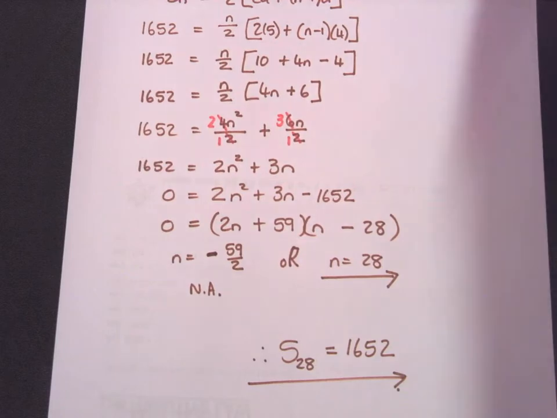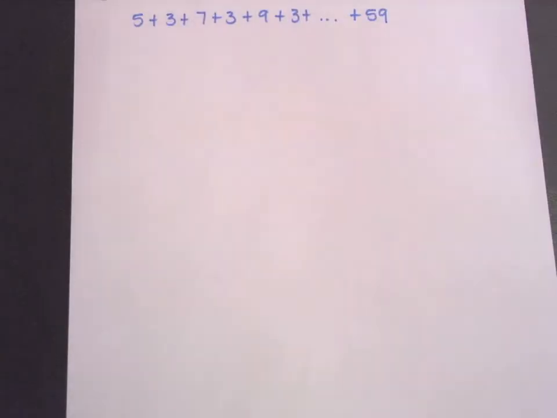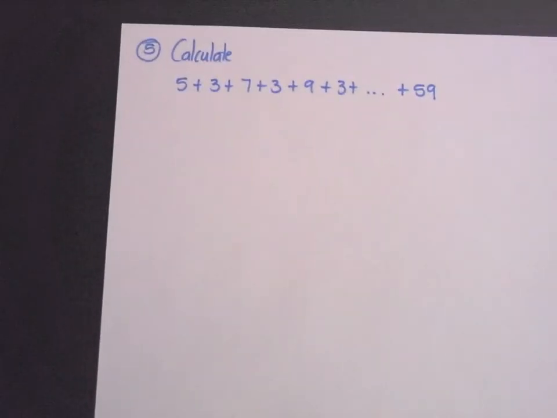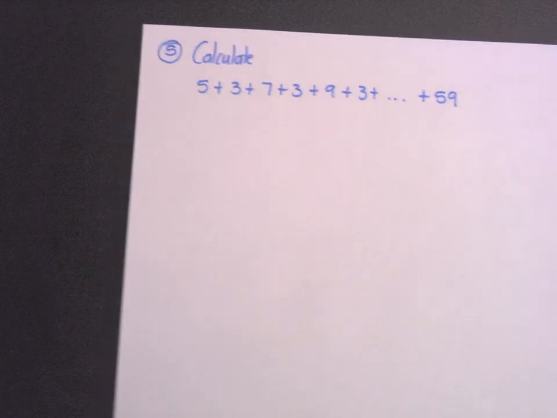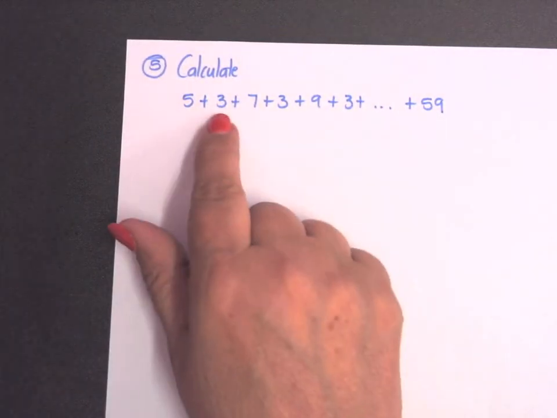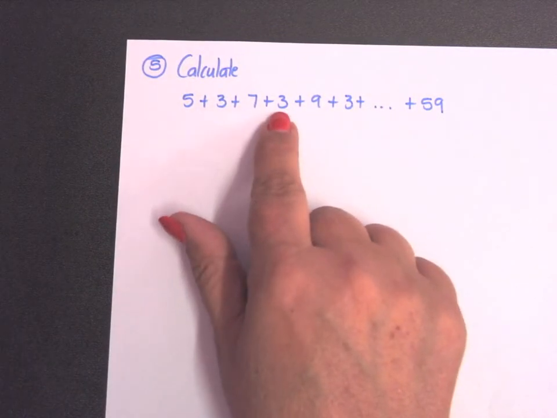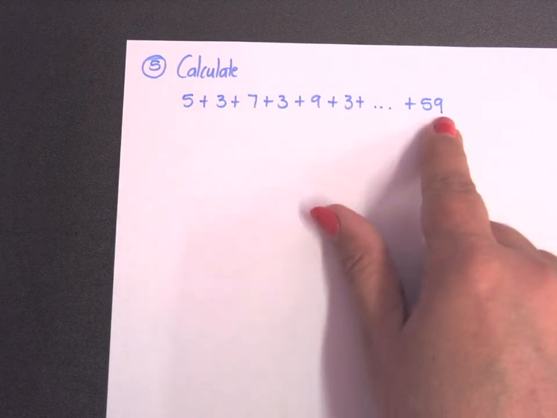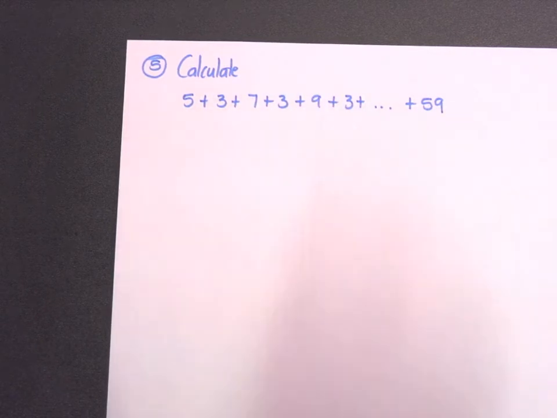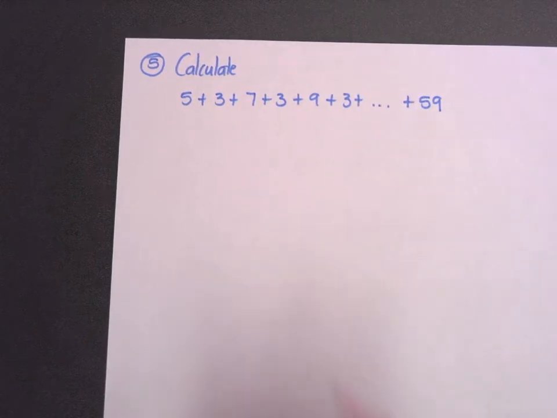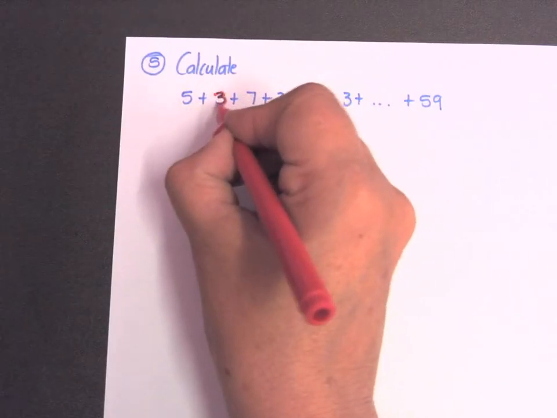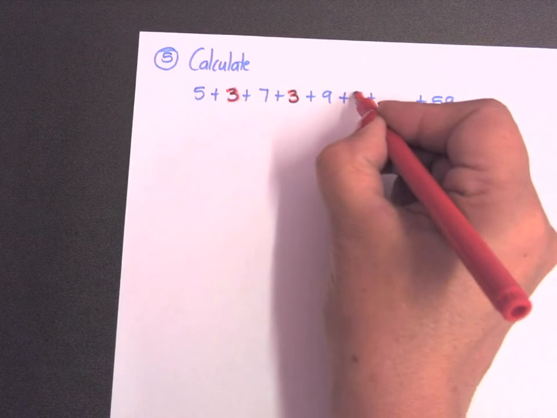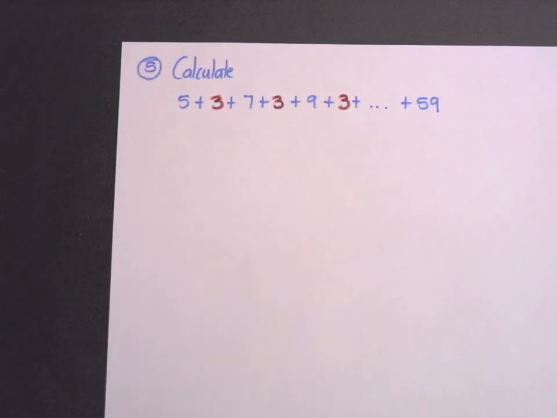Let's look at another example. Here we have 5 plus 3 plus 7 plus 3 plus 9 plus 3 up until 59. Can you see that this plus 3 repeats itself within this series?